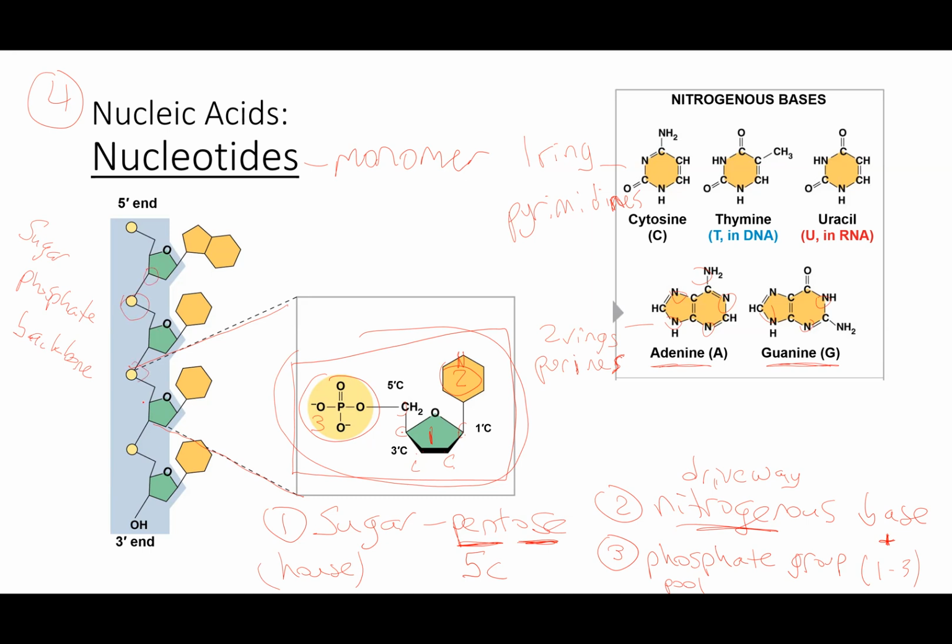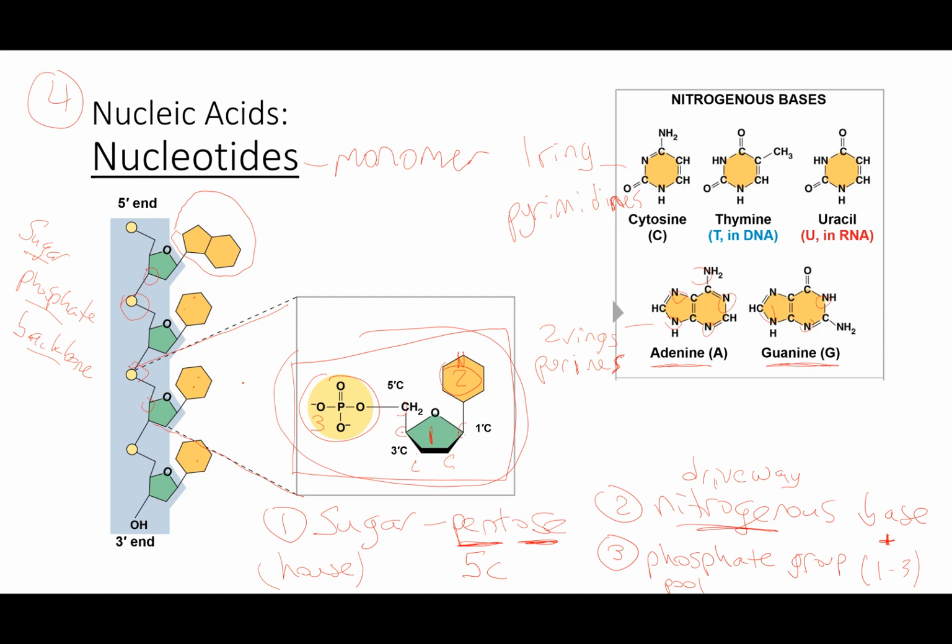So the phosphate bonds to a sugar. So you have this alternating pattern down the side of the nucleic acid, down the backbone, sugar, phosphate, sugar, phosphate, sugar, phosphate. And then the bases are sticking out into the center. So you have here, this would be a purine base, and then these are all pyrimidine bases because they only have the 1 ring. So we have a sugar phosphate backbone with the bases sticking out.